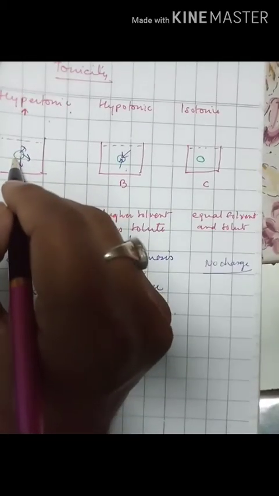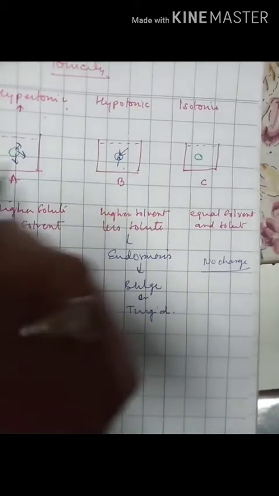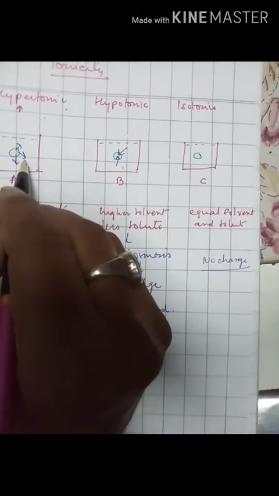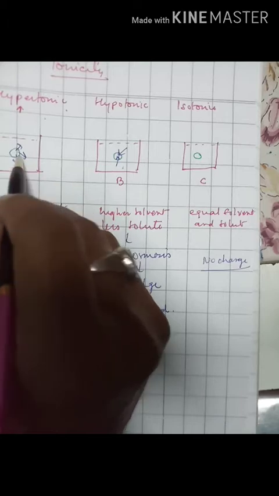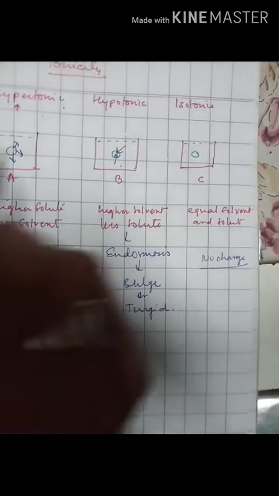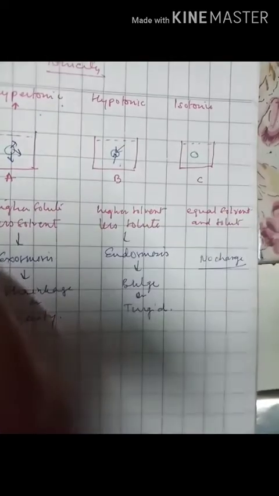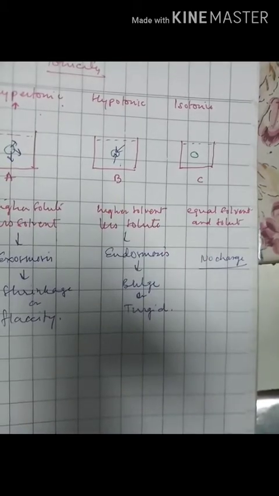If it is a cell, then it must have a cell membrane. So it is the relative concentration of the solute that determines the direction and extent of diffusion. Here the direction is towards outside, here towards inside, and no changes. So in both A and B, it is the solute that determines the direction.